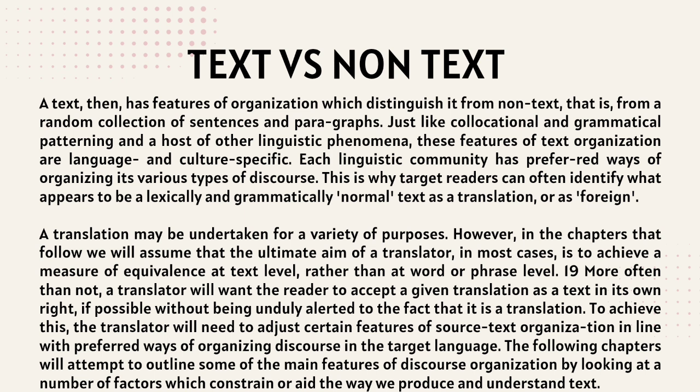More often than not, a translator will want the reader to accept a given translation as a text in its own right, if possible without being unduly alert to the fact that it is a translation. To achieve this, the translator will need to adjust certain features of source text organization in line with preferred ways of organizing discourse in the target language.